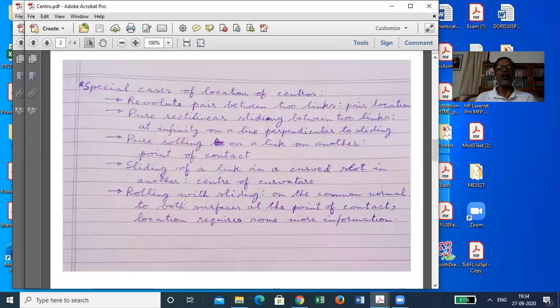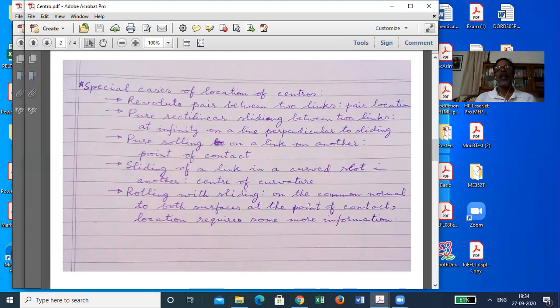If there is rolling with sliding, then you cannot immediately locate the centro, but you get one piece of information about it. You draw a common normal at the contact point, the common normal between the surfaces, and the centro will be somewhere on this line.